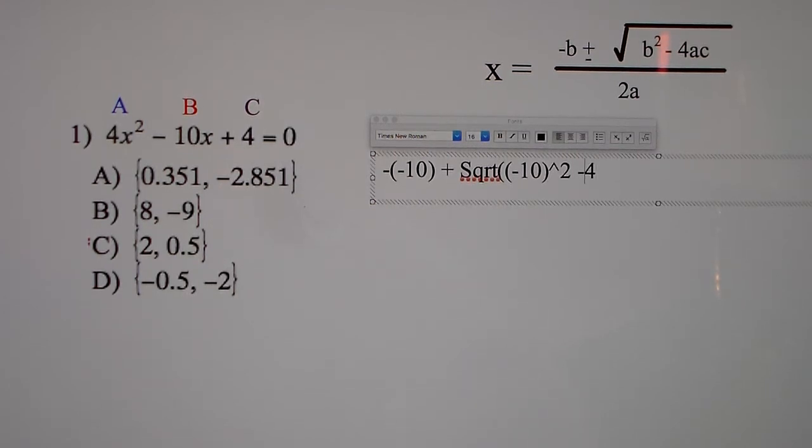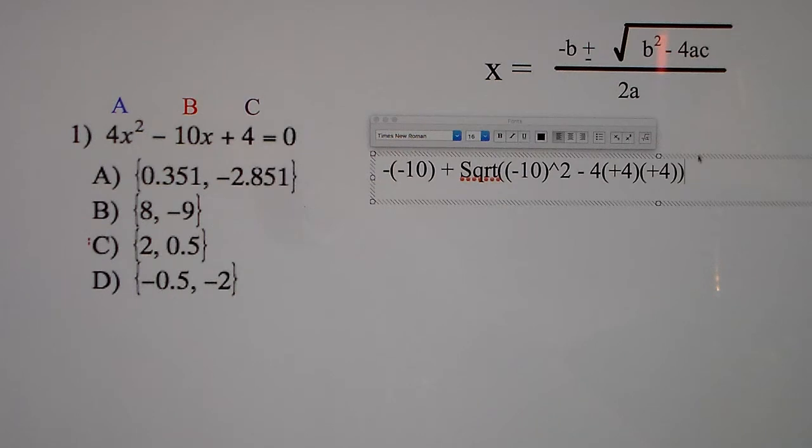It's always going to be a minus 4 according to the formula. Parentheses, our a value. Our a value in this case is positive 4, so we put positive 4 in. Then we have to substitute again, so we open parentheses. Our c value is positive 4, so I type in positive 4. Now we opened up this square root parentheses, so now we have to close it because that's everything in the square root.